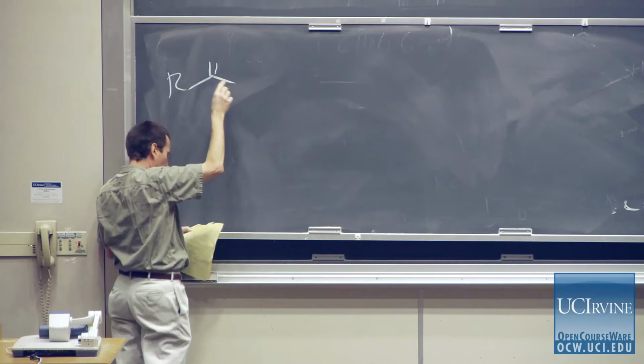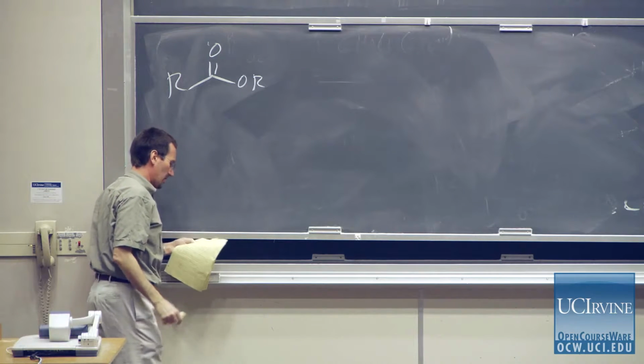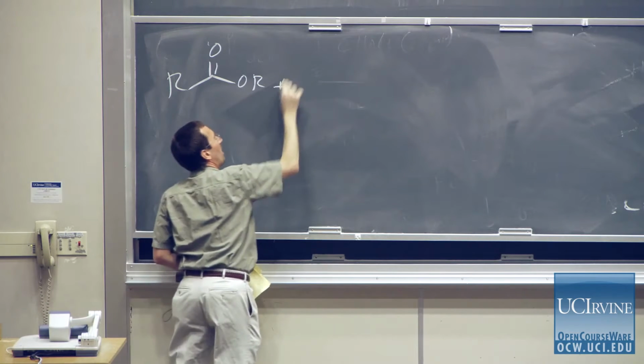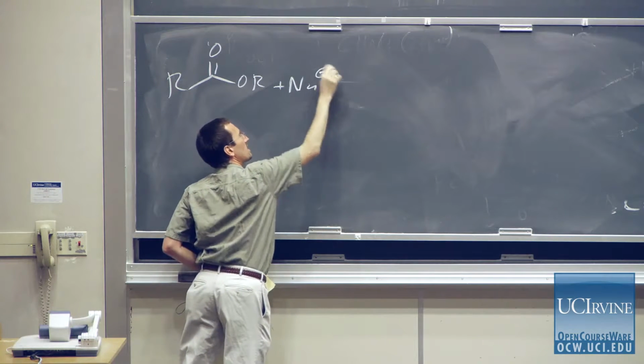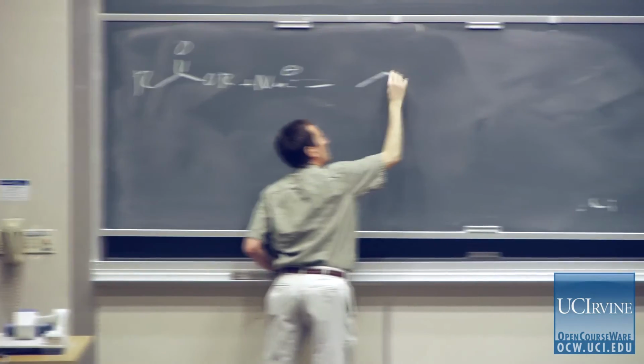And here's why they find it confusing. Here's our, let's say, our ester. And we've just added a nucleophile to it, Nu-, to form our tetrahedral intermediate.